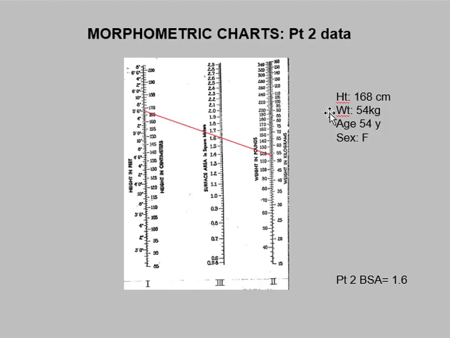From this morphometric chart, if we line up height and weight, height 168 up there, and weight 54, we get a line of intersection at 1.6. And I was able to match that line almost perfectly. So the body surface area is 1.6. You can do it very quickly or punch those numbers into your Dubois equation in your app or PC or calculator and you'll get the same answer.